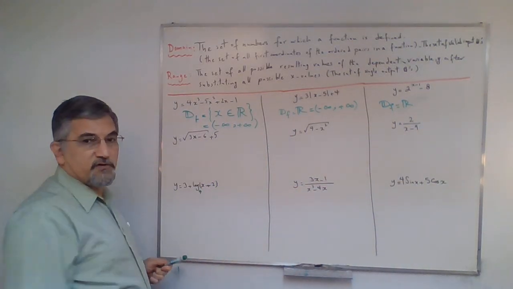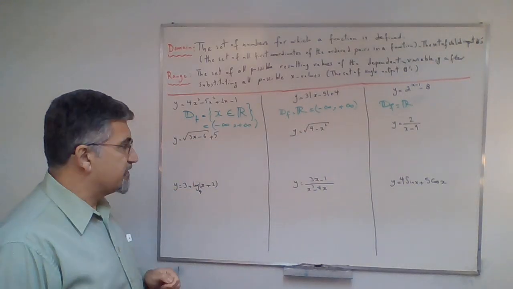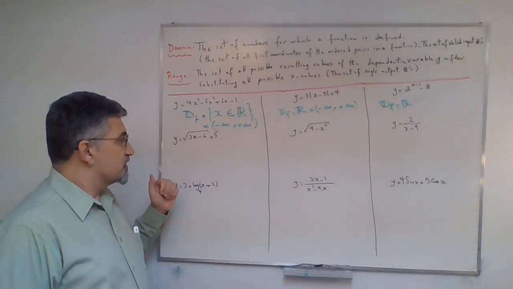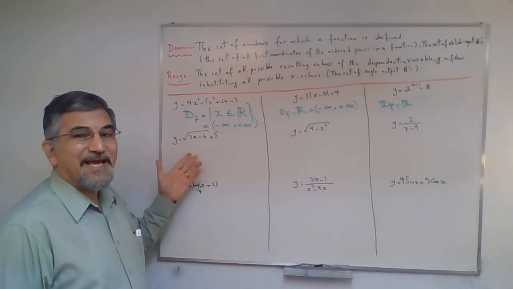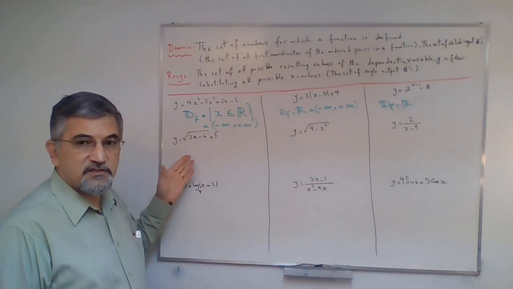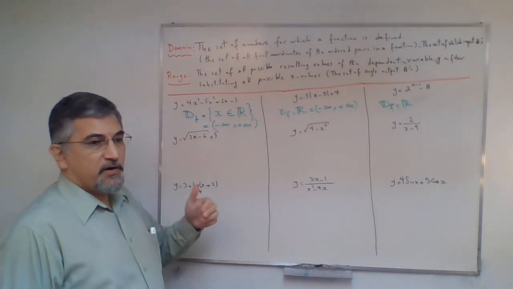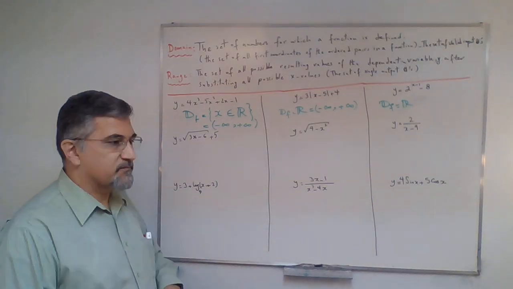This one is a square root function, which has undergone some transformations, obviously. But in the case of square root functions, the radicand, which is the expression under the radical sign, must always be either positive or 0. So it cannot be negative.